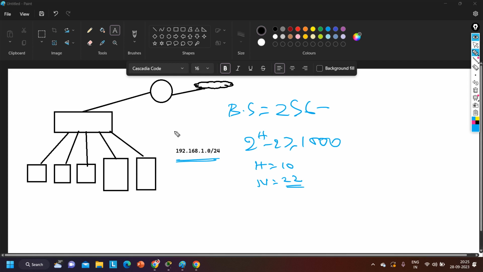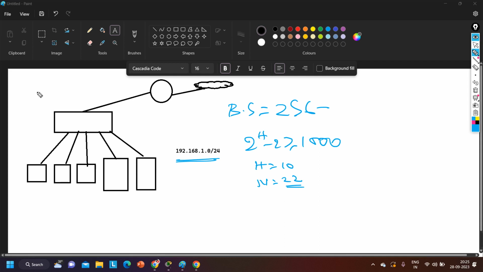As I told you, we can divide a network into 2 parts, 4 parts, 8 parts, 16 parts, 32 parts. So definitely you will waste some IP addresses. There is no way to reduce wastage of IPv4 addresses by 100%. You will see VLSM, and in VLSM also you will not eliminate wastage of IPv4 addresses completely.